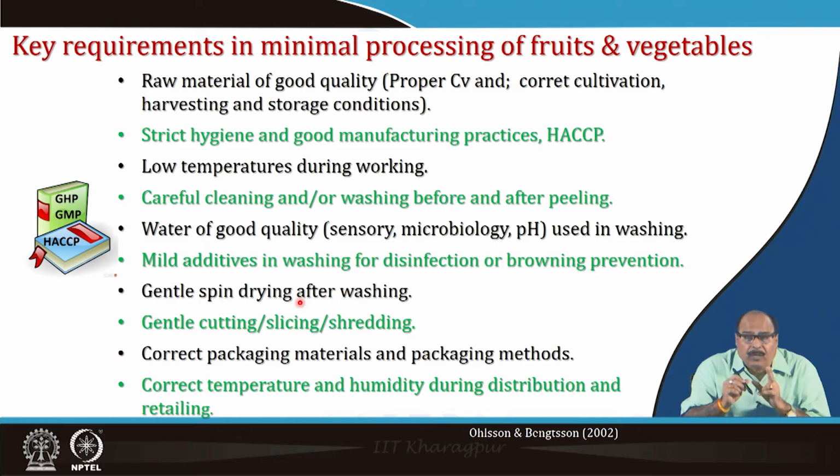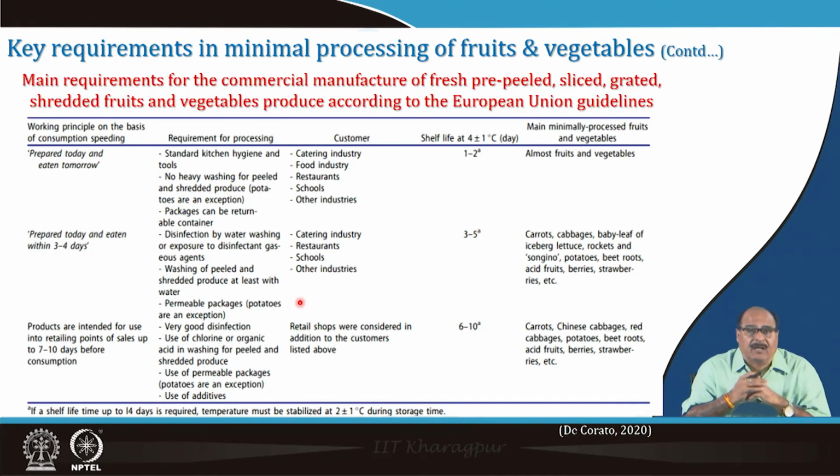Water of good quality, in terms of sensory, microbiology, pH etc., should be used. Potable water of good quality should be used for washing, with mild additives for disinfection or browning prevention. Then gentle spin drying after washing, so that the surface moisture is removed, gentle cutting, slicing, shredding, correct packing material and packing methods, and correct temperature and humidity during distribution and retailing. So, these are the key requirements of minimal processing of fruits and vegetables.